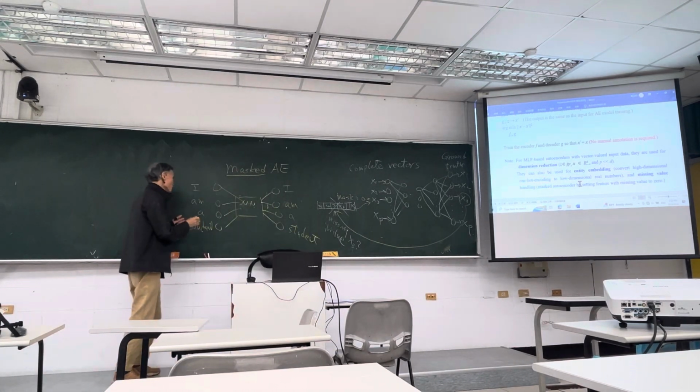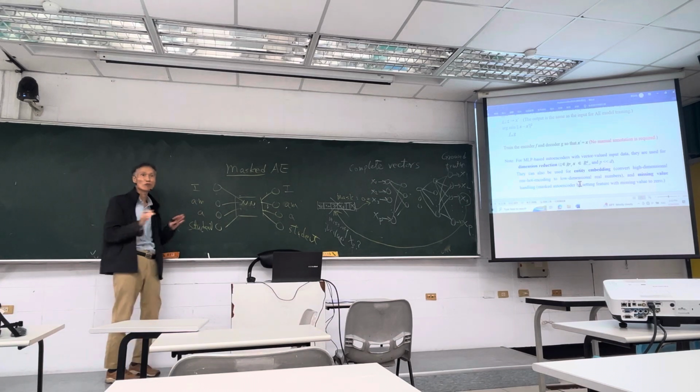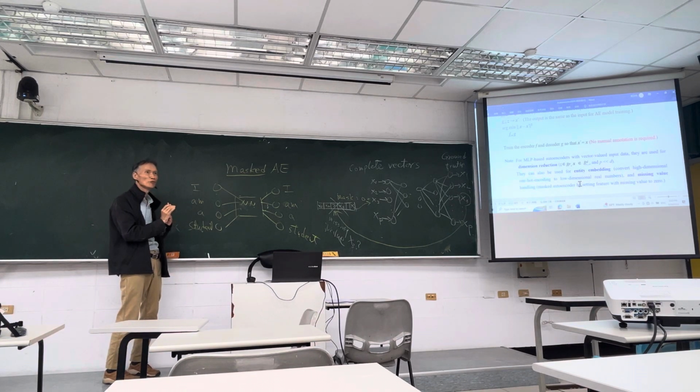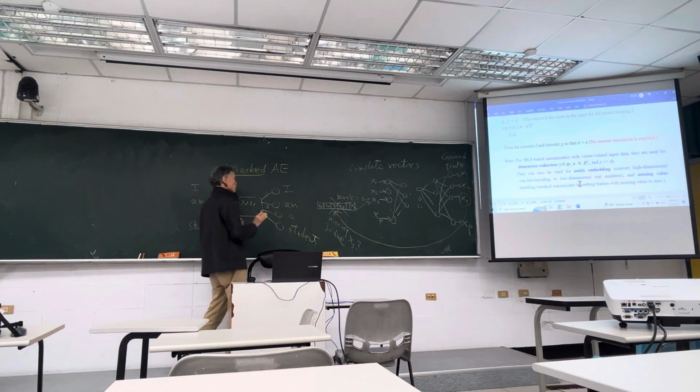So when you do the training, you will mask. For example, I mask M. I put 0 here. Just say I'm a student, but I give you the output, the ground truth output, which is I am a student.